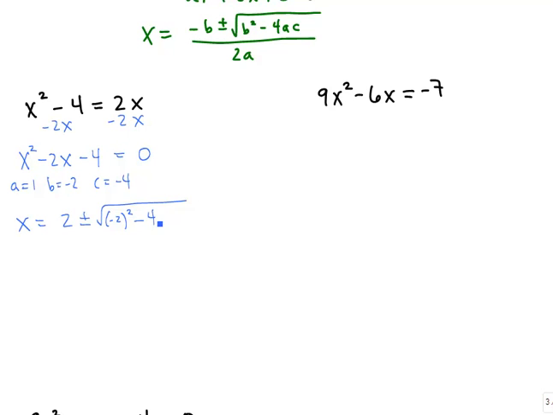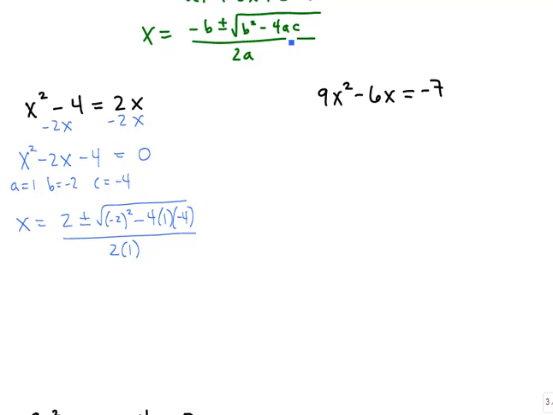Minus 4 times a is 1, times c was negative 4. Again, I'm using parentheses here so that I can make sure I'm using all my signs correctly. So there's my b squared minus 4ac, and then this is all over 2 times a, so 2 times 1.